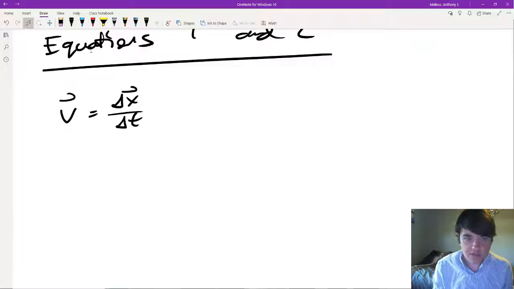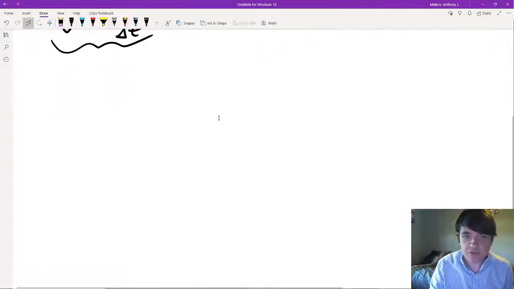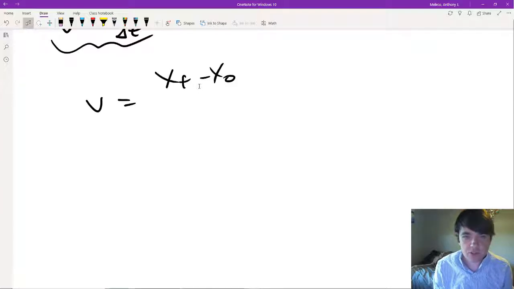So we're going to start with velocity, and we're going to use this definition to derive one of the equations. Velocity equals the change in position, so final minus initial, over the change in time. I'm just expanding out what delta means.